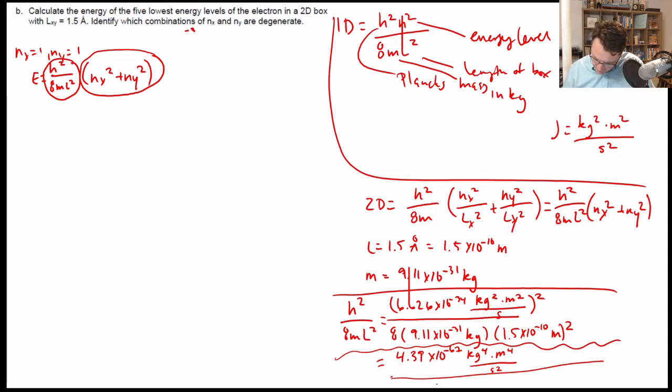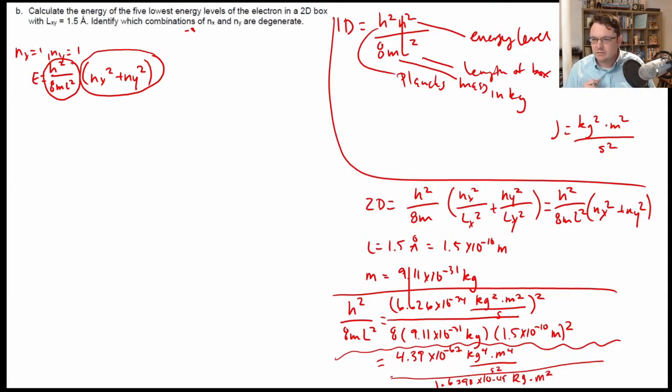That comes out to being 1.6398 times 10 to the negative 49. Can you guys all see that? And so then the units are kilograms times meters squared.